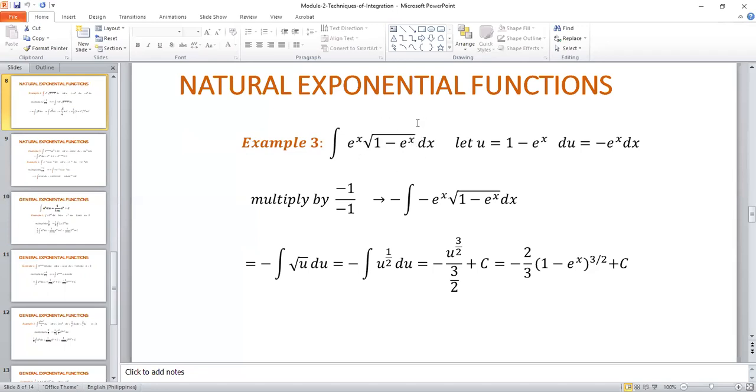If your n is 1/2, I'd like to write this in that form, that way you will follow. If you write it as 1 minus e raised to x, all raised to 1/2, then you can check whether the power rule will work for this.